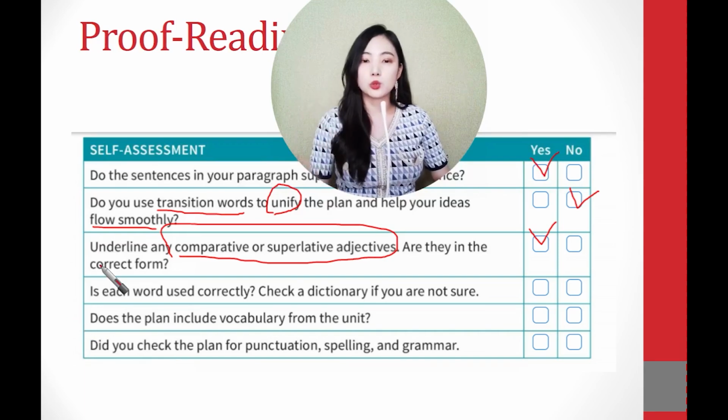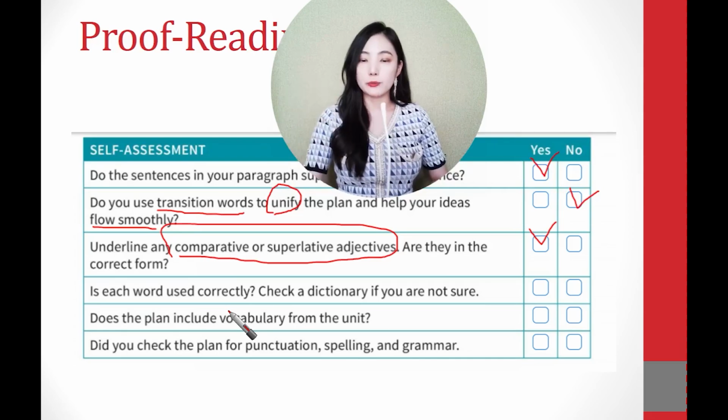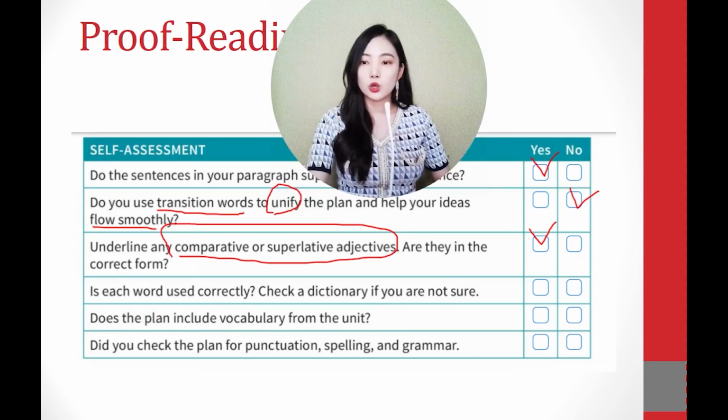Next one. Is each word used correctly? Check a dictionary if you are not sure. Here you can talk about whether your word is used in the right form. Sometimes you want to use a verb, but you use maybe an adjective. Sometimes you want to use a noun, but you use an adjective. So change the form. For example, there is a word, effect, E-F-F-E-C-T. Effect is the noun form.